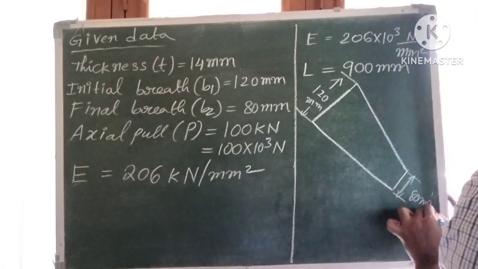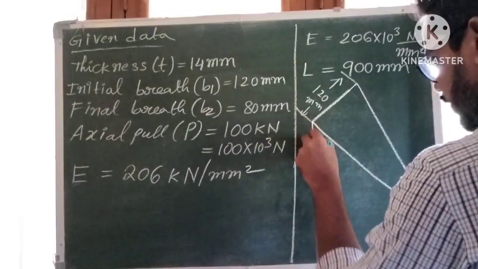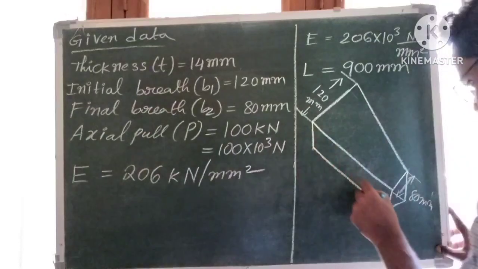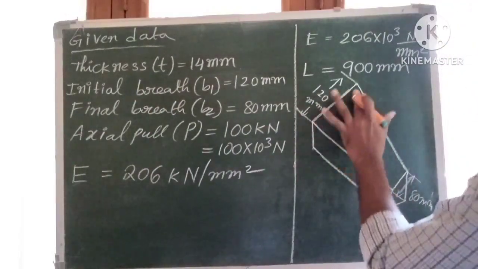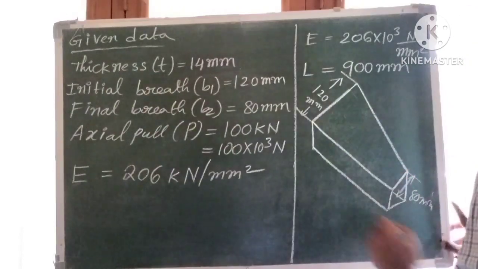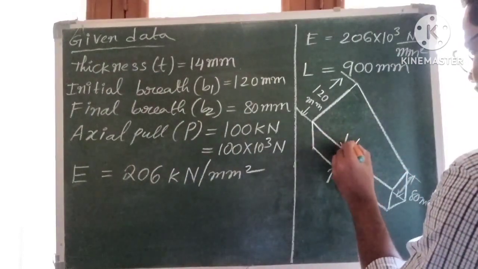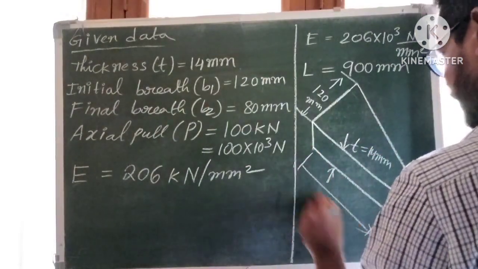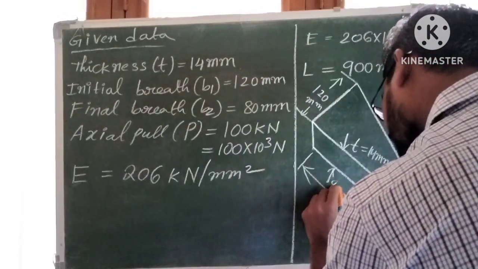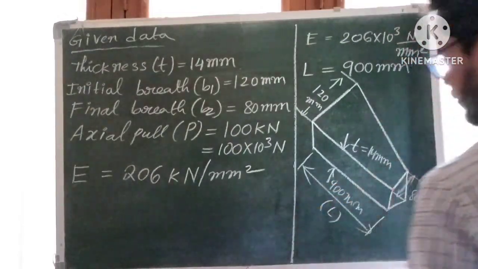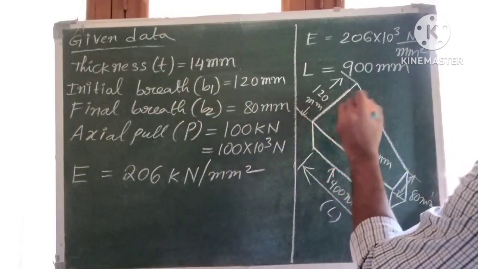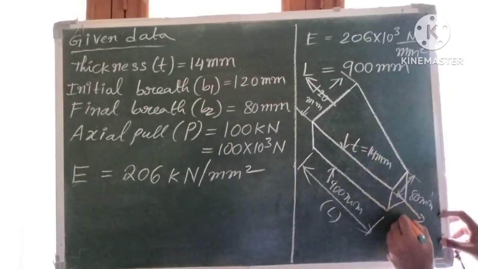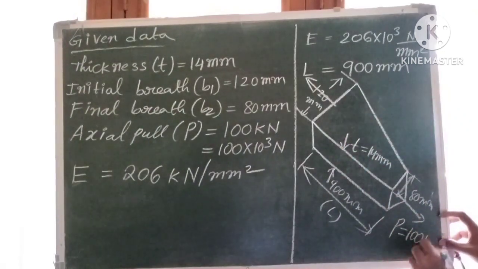And this rectangular plate is having thickness. Given thickness T is equal to 14 mm and the length of this rectangular plate is 900 mm denoted by L. So this rectangular plate is subjected to an axial pull at both the ends. So an axial pull of P is equal to 100 kN.